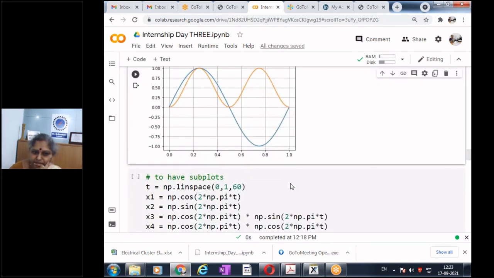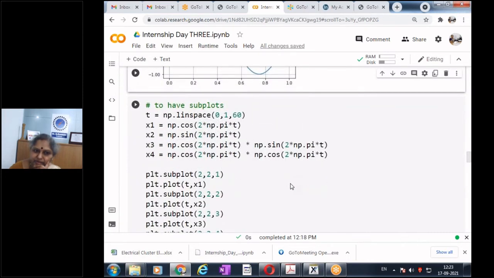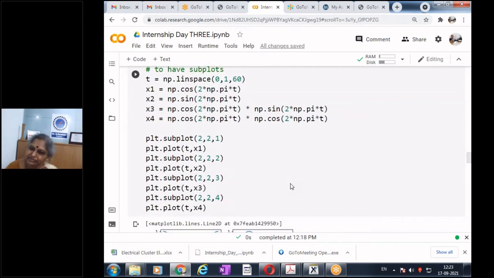Now we have seen how to plot more than one function on the same plot. Here we are going to have different plots. I have x1, x2, x3, x4: one is sine, one is cos, cos into sine, and cos into cos.